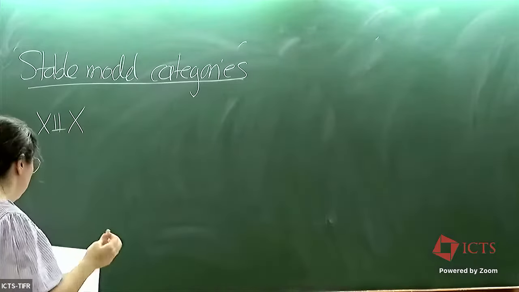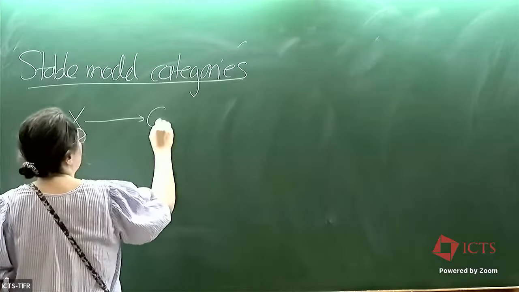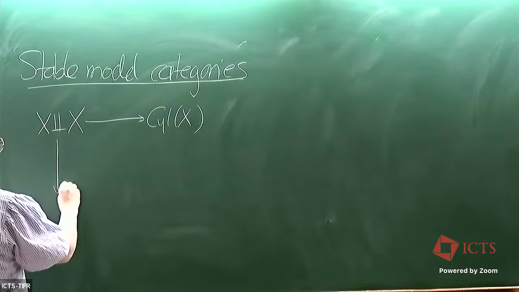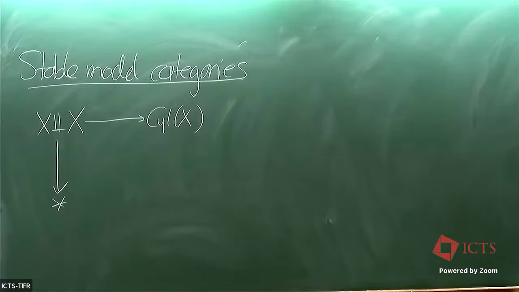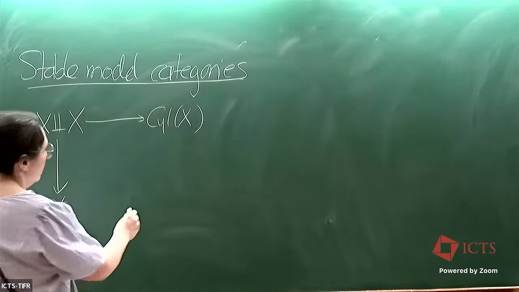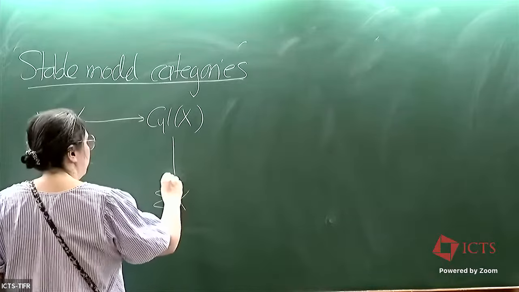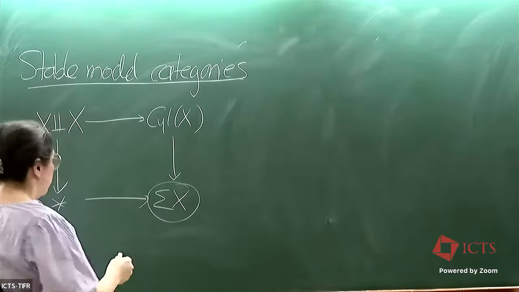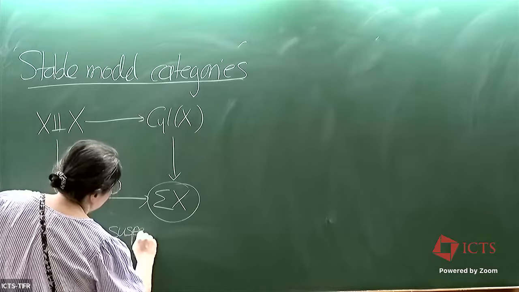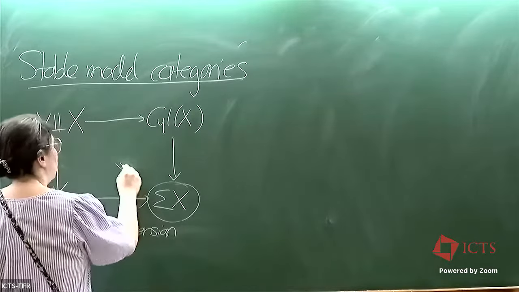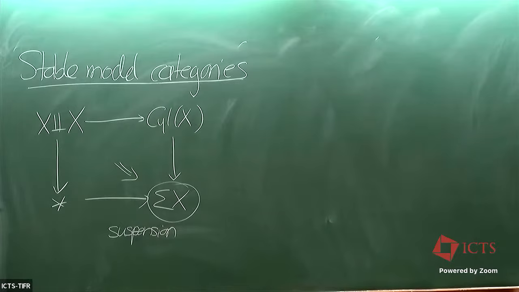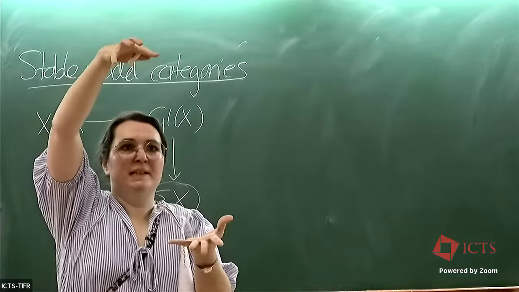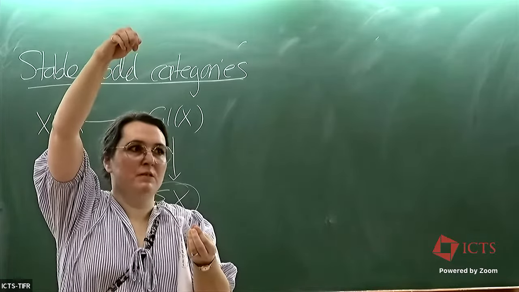So you take your map into a cylinder object of your choice, and you can take the pushout over the trivial map, and that thing is going to be called the suspension of X. So if you've seen suspension of spaces, well, a suspension is a cylinder with the top and bottom closed, right?